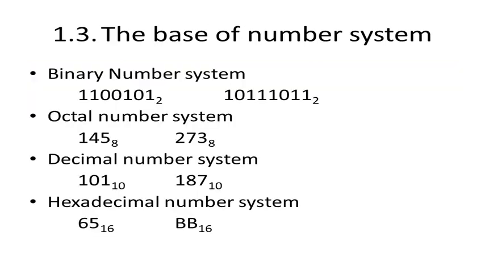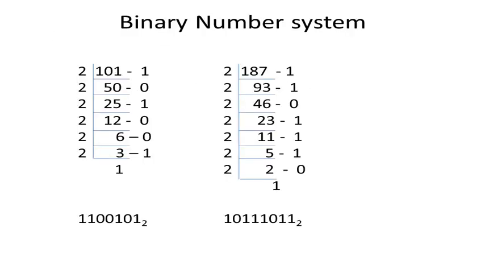The base of a number system: under this, we are going to explain these 4 number systems, binary, octal, decimal and hexadecimal. In the binary number system, the base is 2, octal number system base is 8, decimal number system base is 10, hexadecimal number system base is 16.